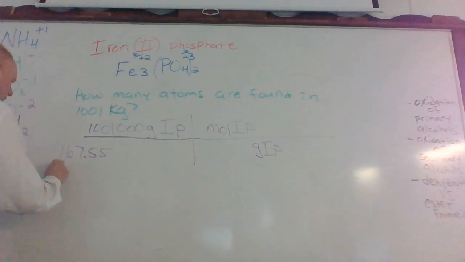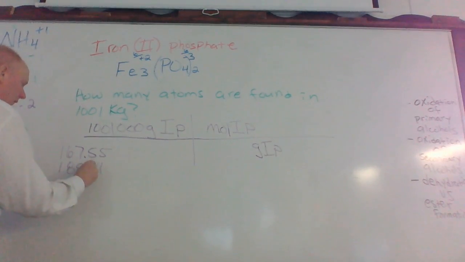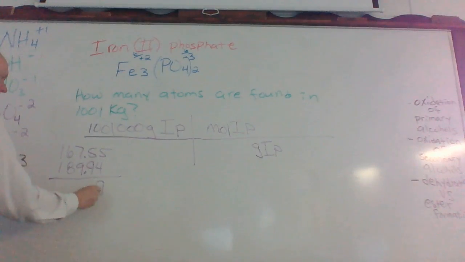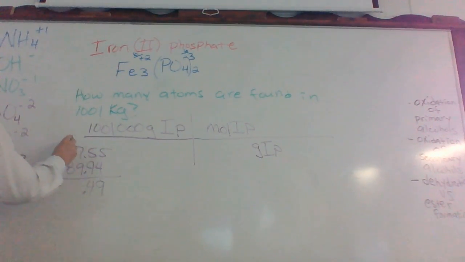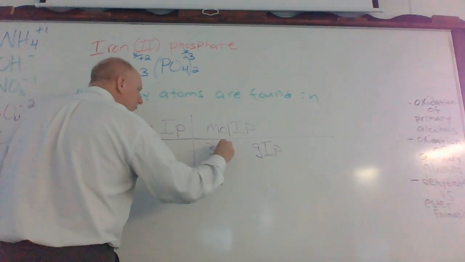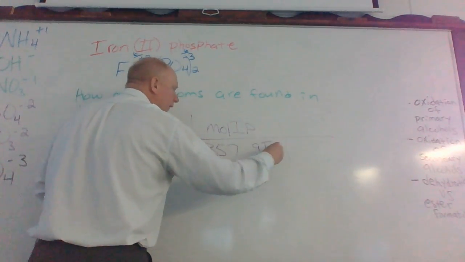Okay. 189 point whatever. Okay. So then you got your 9, 14, 17, 1, 7, 8, 15. Okay. So then that 357. Okay. 0.49 goes there.